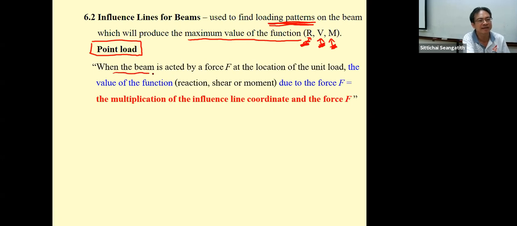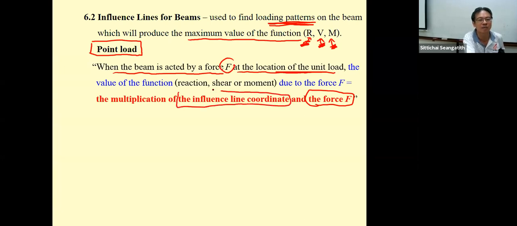When the beam is acted on by the point load at the location of the unit load. The value of the function due to the force F will be the multiplication of the influence line coordinate and the magnitude of force F. This is the magnitude. This is the influence line coordinate. You have to multiply. Okay.